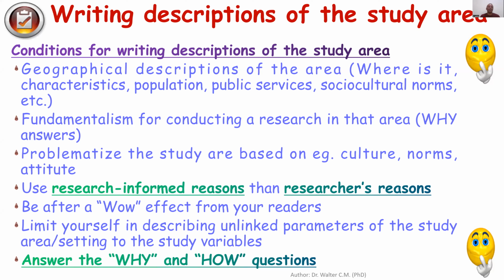If people are reading the paragraph describing the study area, they should see the why question. And if you have written it well, and provided the reason in bullet number 2, it means that you have already answered the question why. And then you will be left with the question how.